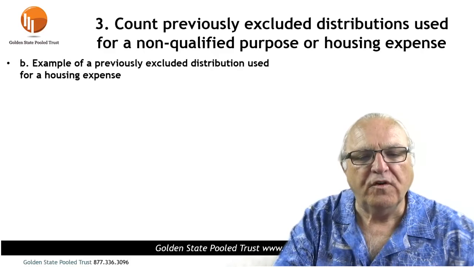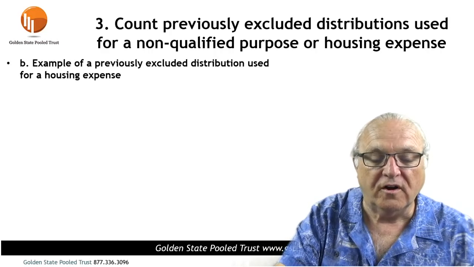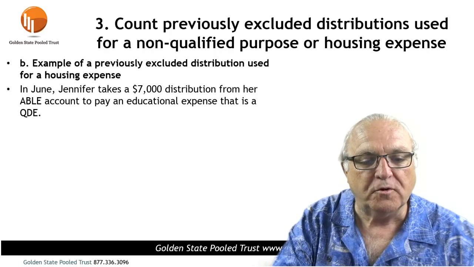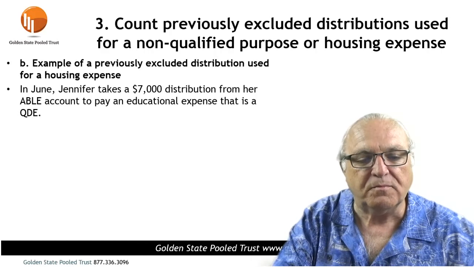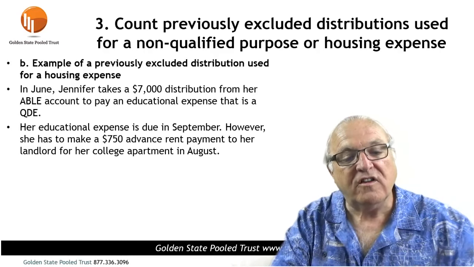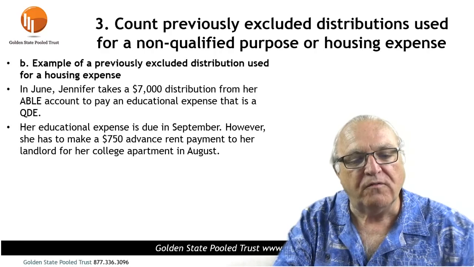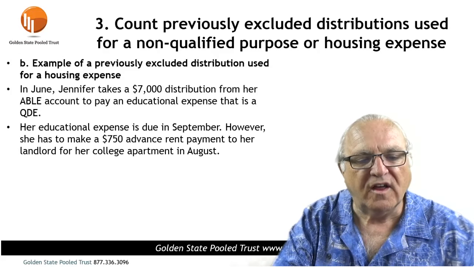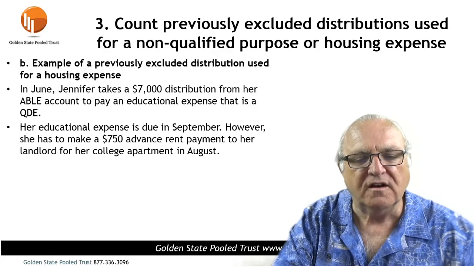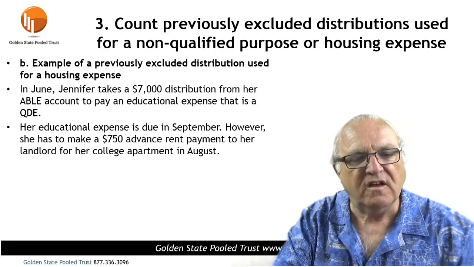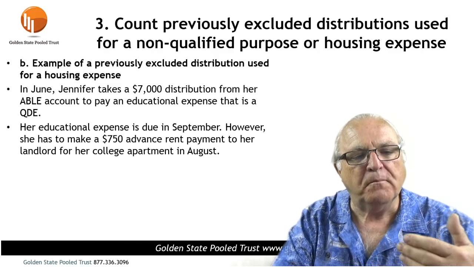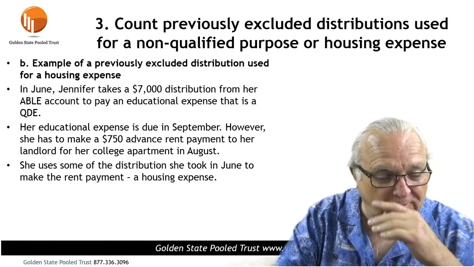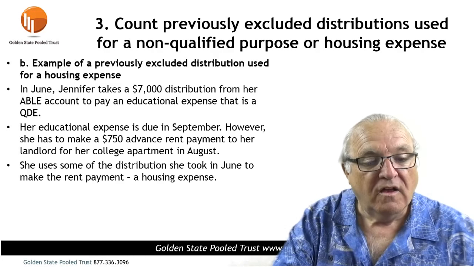Here's an example of a previously excluded distribution used for a housing expense. In June, Jennifer takes a $7,000 distribution from her ABLE account to pay an educational expense that is a QDE. Her education expense is due in September. However, she has to make a $750 advance rent payment to her landlord for her college apartment in August. Once again, she took out the money in June and she's paying the housing expense in August, and that's where we have the problem.